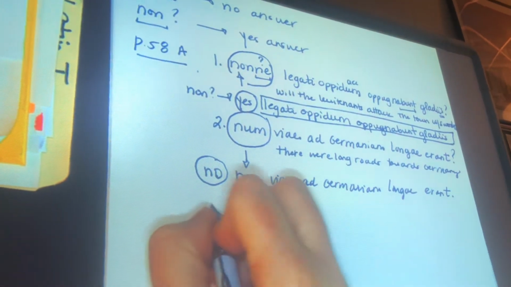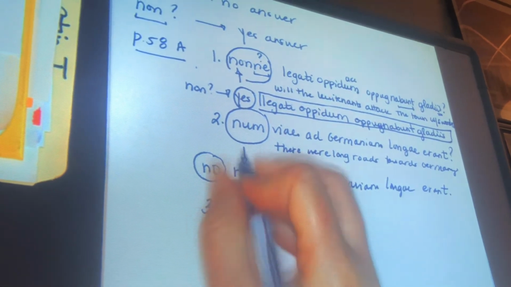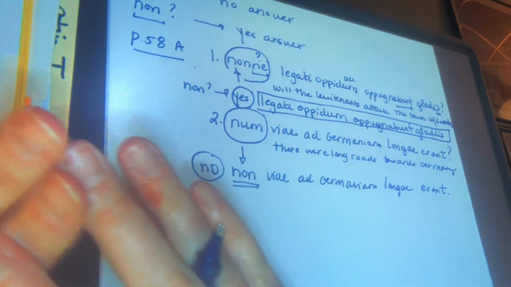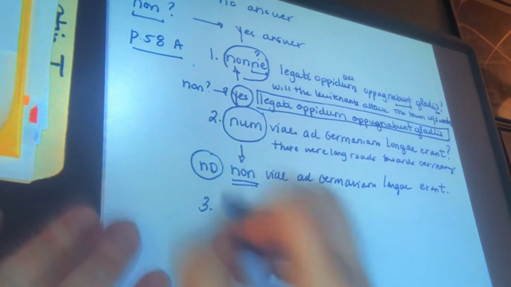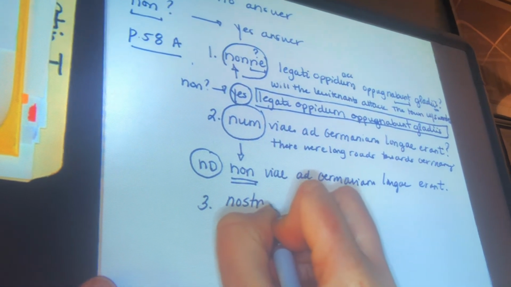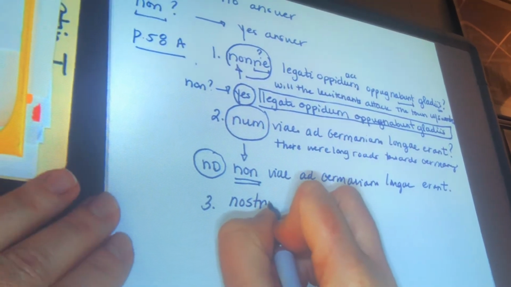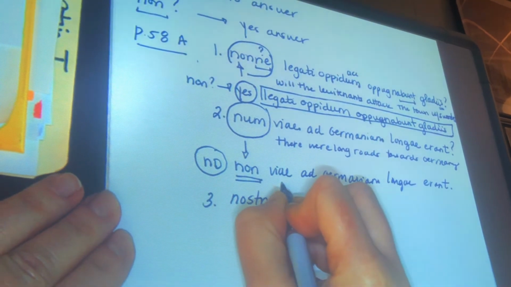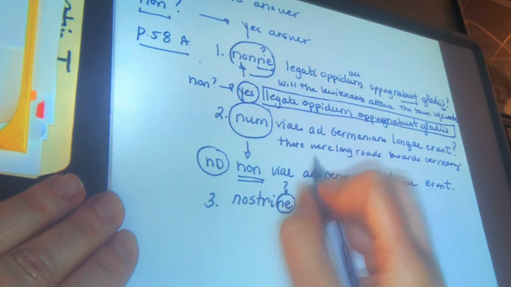And then if you look at number 3, 3 does not have non or nonne, so we're just treating it like a normal question. That's why I wanted to do it up to 3. So, Nostrine? Remember the NE is just a question, don't let that throw you.